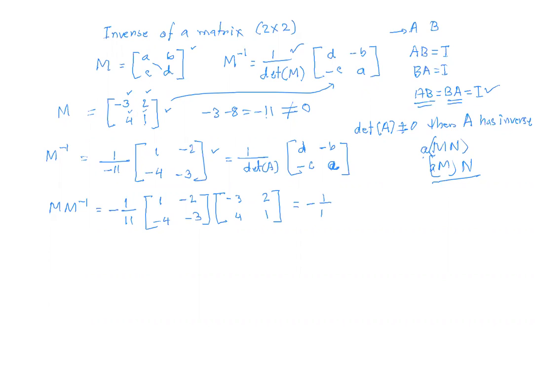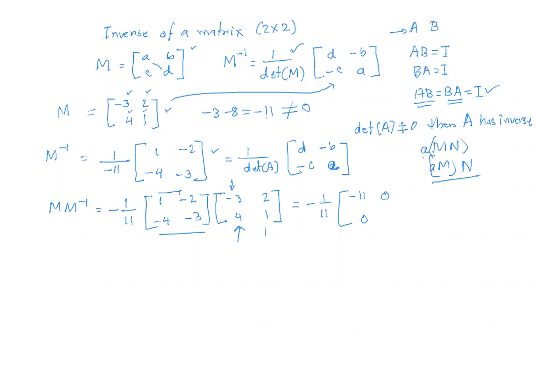With the -1 over 11 in front, first row, first column, if I multiply it, I get -3, -8, which is -11. First row, second column, I multiply it, I get 0. Second row, first column, I do the dot product, I get 0.